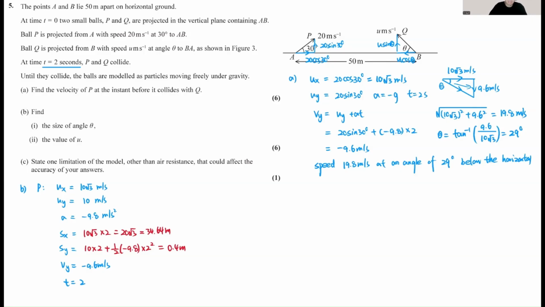So we know it has to go something like this, and this will go something like that. And then the horizontal displacement for P should be at this position. So that would be 34.64 meters. And then the vertical component is 0.4 meters.